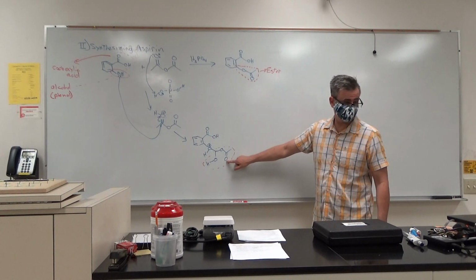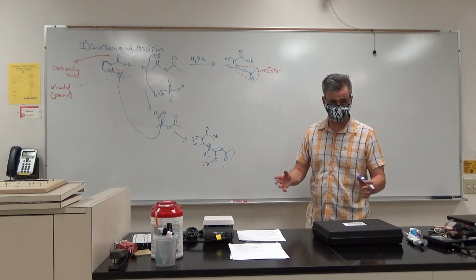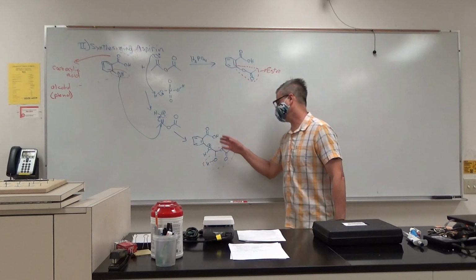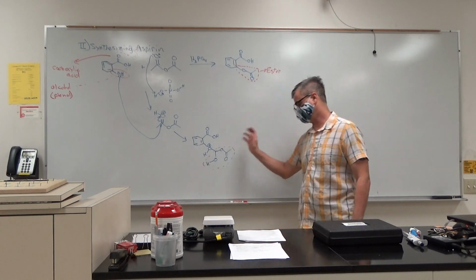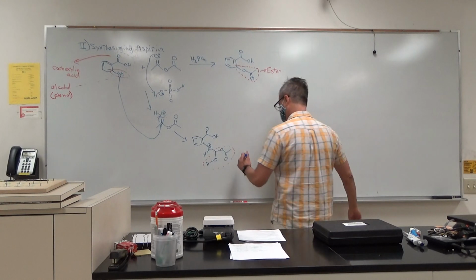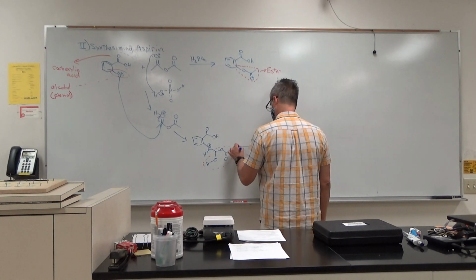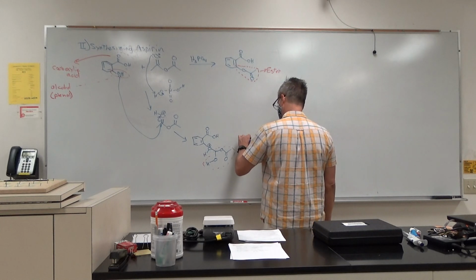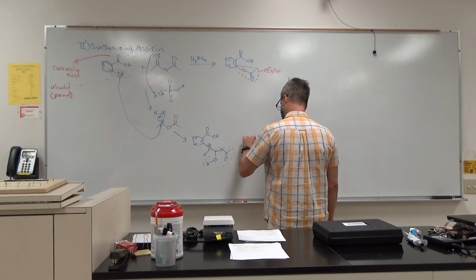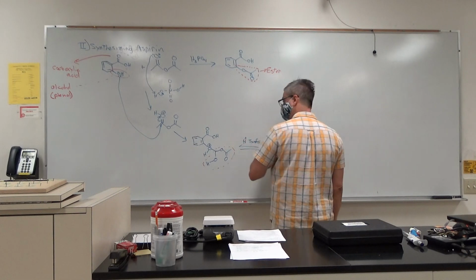This is the one place in mechanisms where we allow a shortcut. Rather than showing one step where it comes off, one step where it goes on, we're just going to say proton transfer.